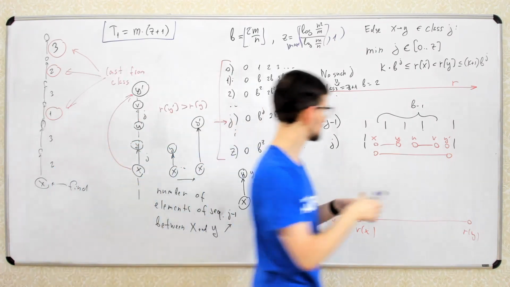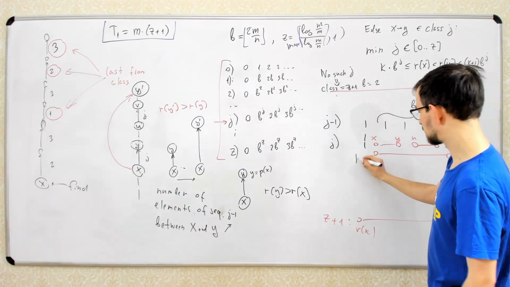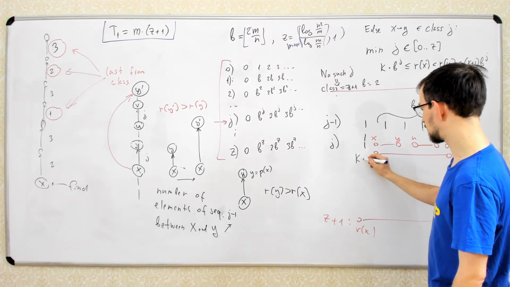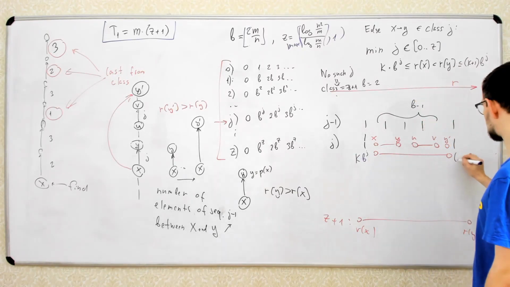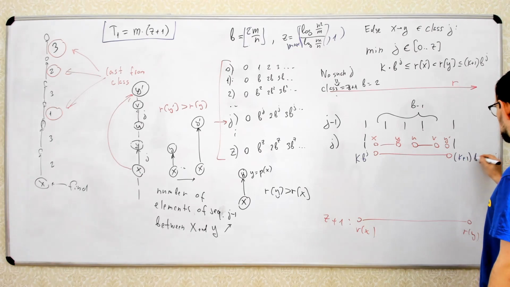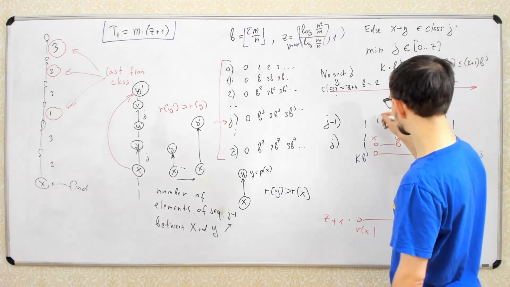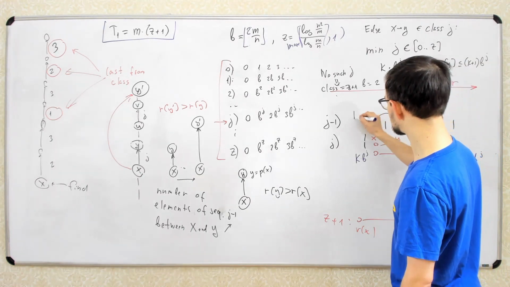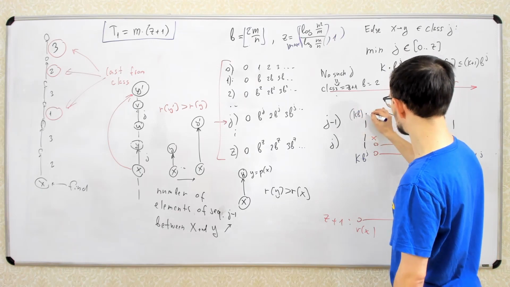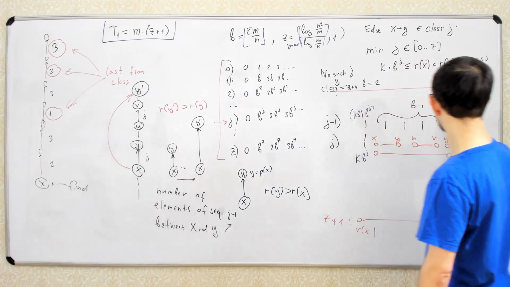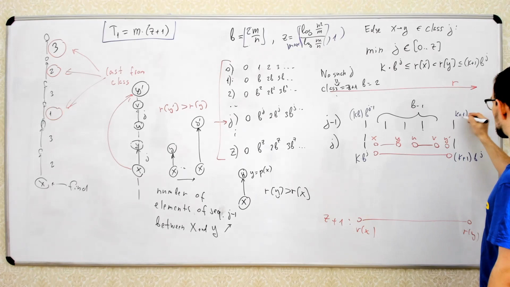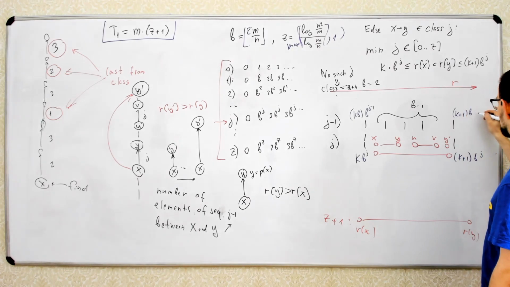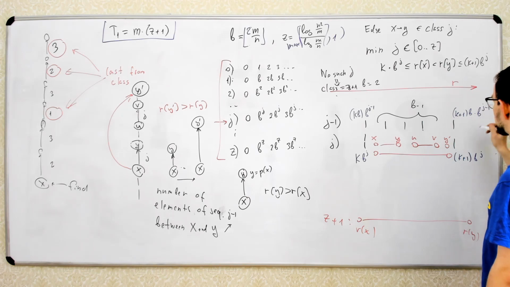Well, again, here the element k multiplied by b power j. This is k plus 1 times b power j. And so this element is k times b power j minus 1, and this is k plus 1 multiplied by b power j minus 1.